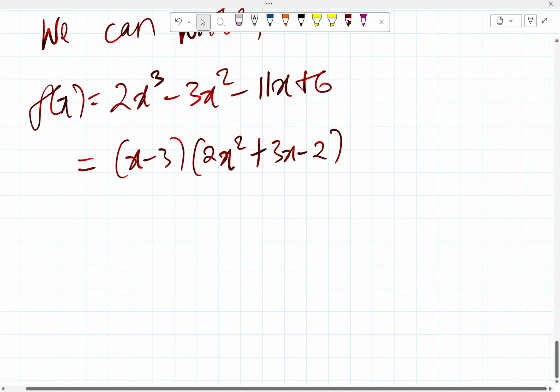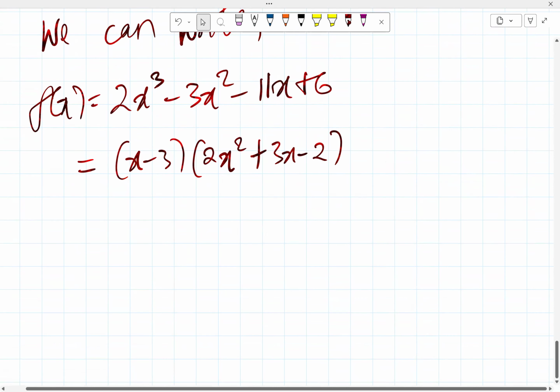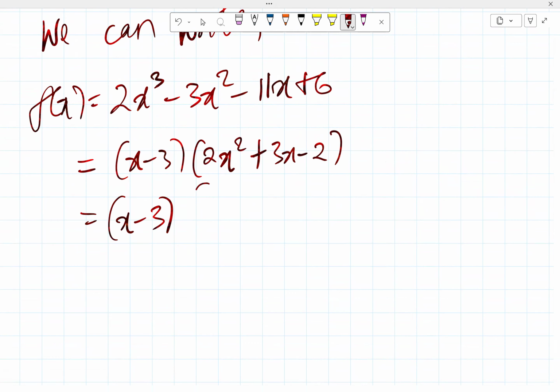So we can then factorize this completely. I'll just do it all in one place. This one now is quadratic, so it can be easily taken care of. For this quadratic part, we can use the AC method here because x squared has a coefficient and we have the constant. If you multiply 2 times minus 2, this is A and this is C. 2 times minus 2 is minus 4.